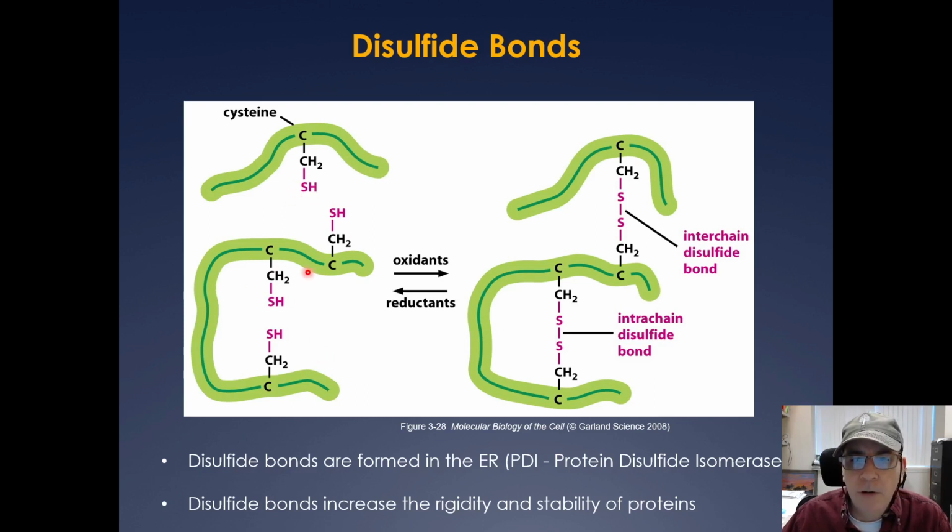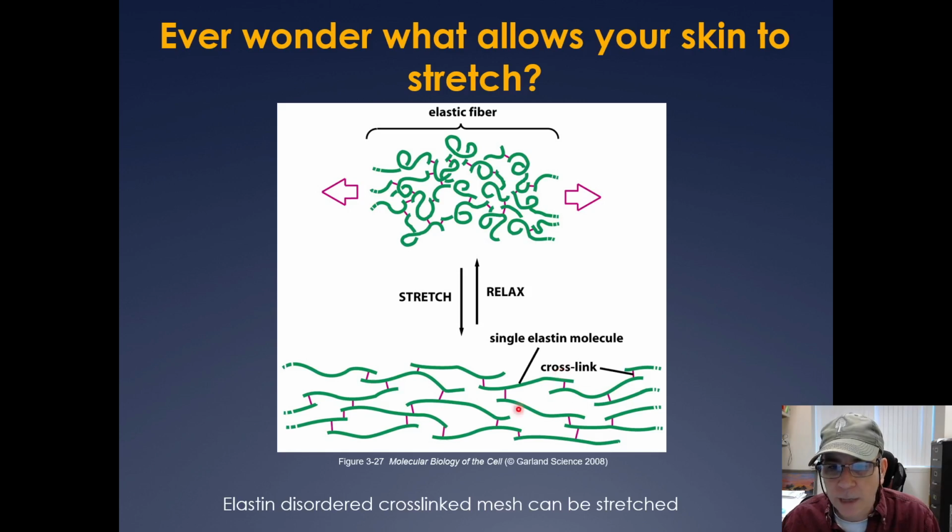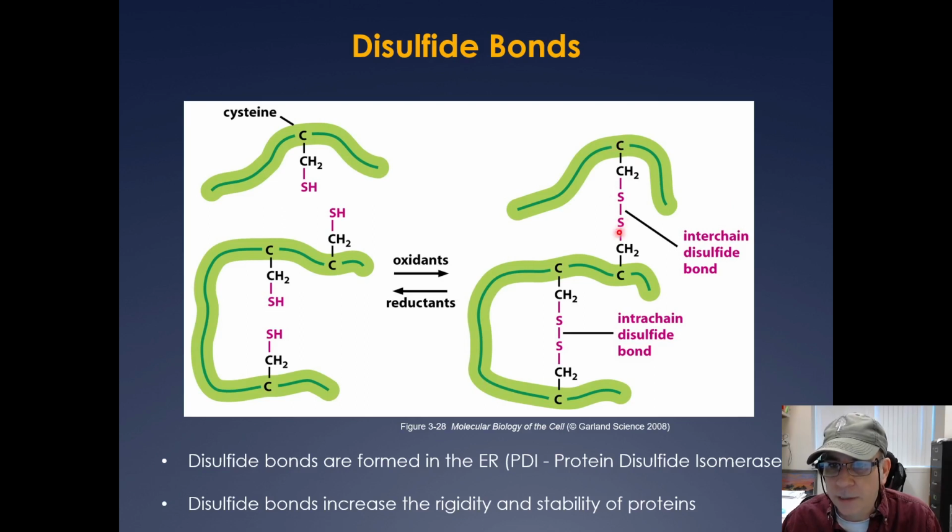However, when you enter the endoplasmic reticulum, which is part of the secretory pathway, that's an oxidizing environment, and you get these disulfides forming, where proteins can come together, and you can have an intrachain or an interchain disulfide bond. This one is connecting 2 different proteins together, whereas this one is connecting just within the one. In the case of elastin, these disulfides are the interchain kind. They occur between 2 different elastin molecules and help connect them together.